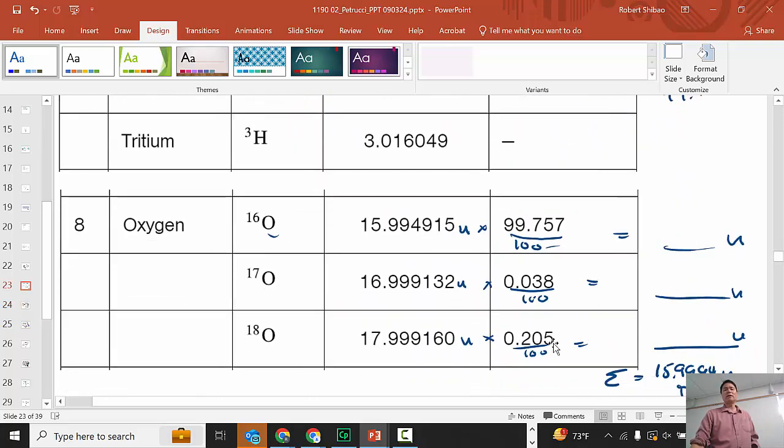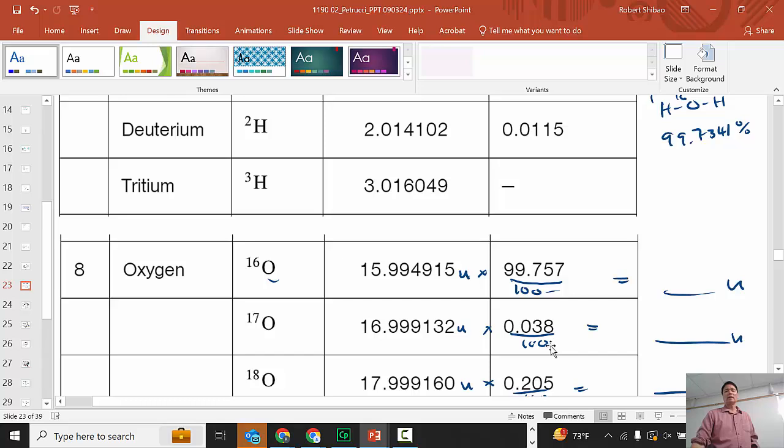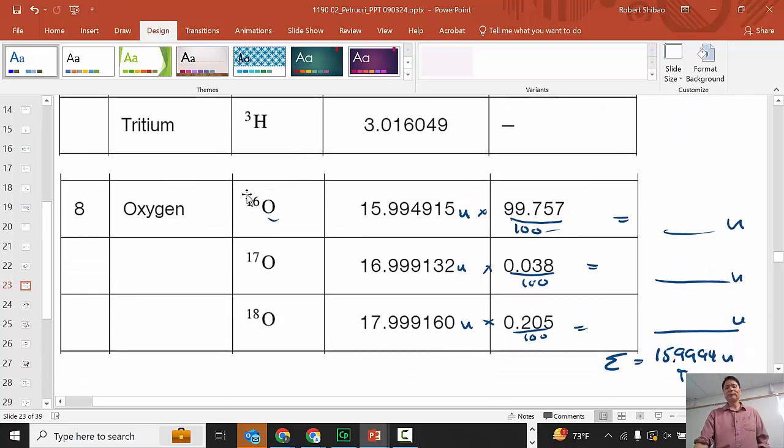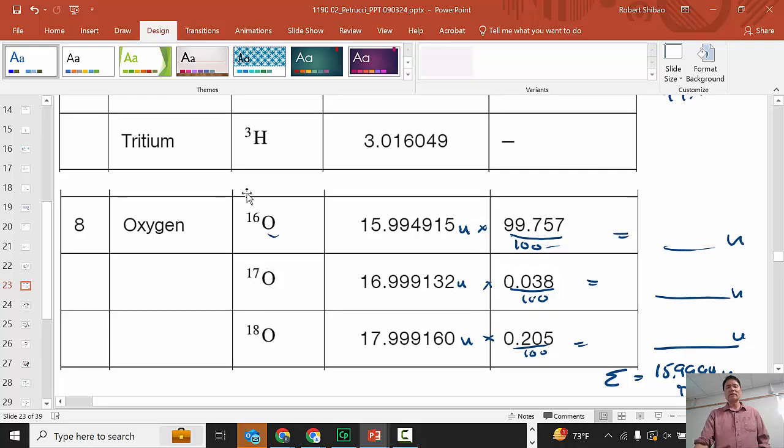The smallest peak will be H2 combined with which oxygen? O17. So it's going to be H2, H2, and an O17. That's going to be the smallest peak. It's going to be quite small. But mass spectrometers are very sensitive, so we would be able to see that.